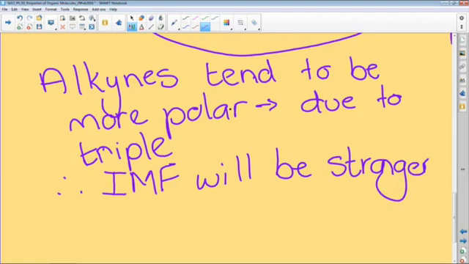I've just realized that looks like stranger. This is why your handwriting is so important. So the intermolecular forces will tend to be stronger, even if it's just a little bit.